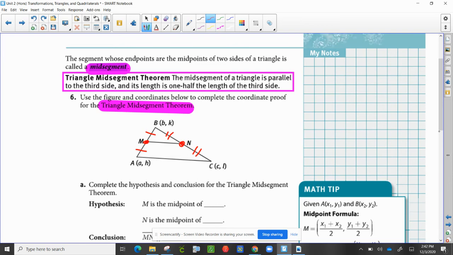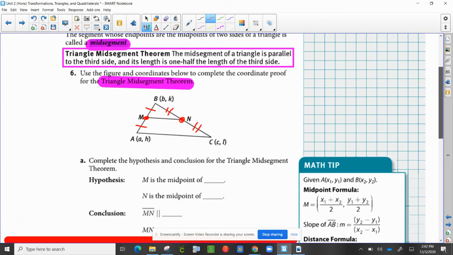Now, for this triangle mid-segment theorem, what we have to know is that the mid-segment of a triangle is parallel to the third side. So these sides are going to be parallel to each other. And its length is 1/2 the length of the third side.